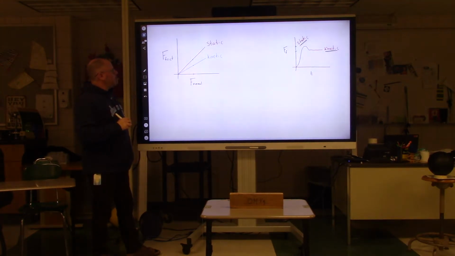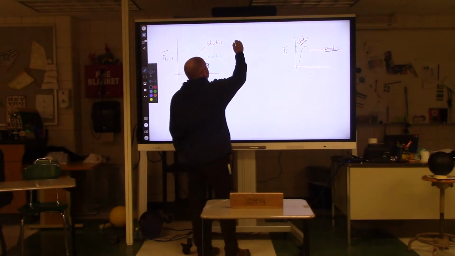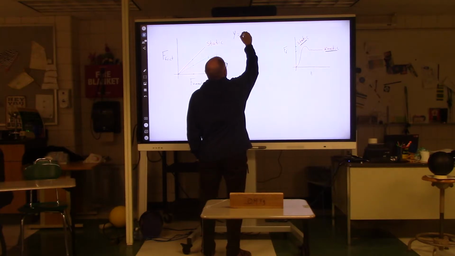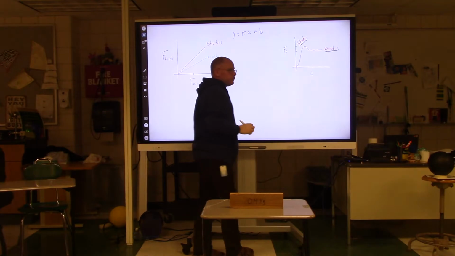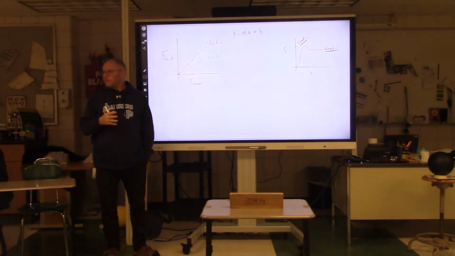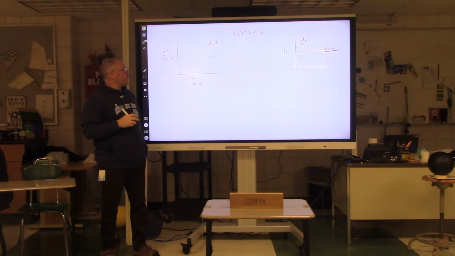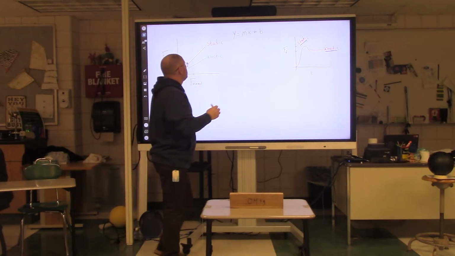It's linear, so what would be the equation for this? For which one? The whole thing, either one. Like kinetic or static? Well, in general, it's y equals mx plus b. I know, I was looking for something more general: y equals mx plus b. So what's on the y-axis? The friction.